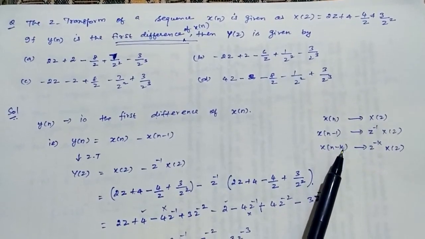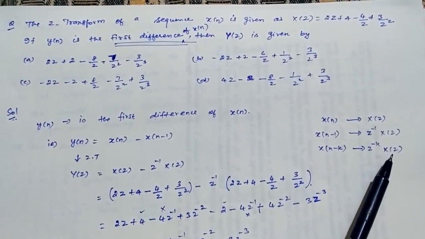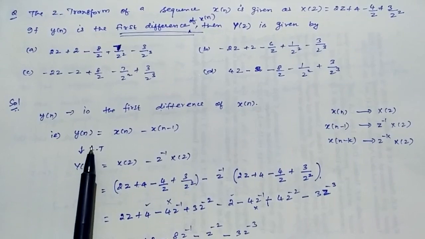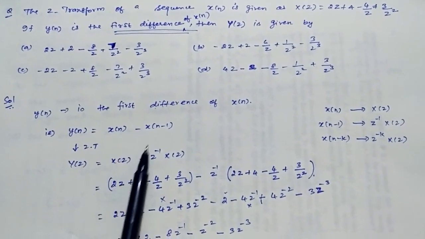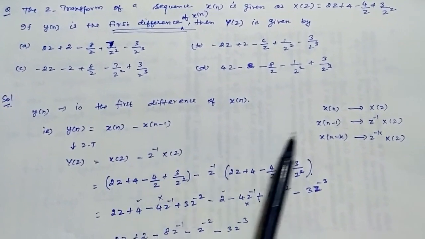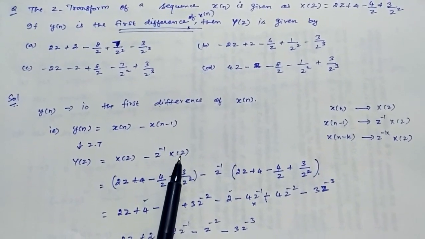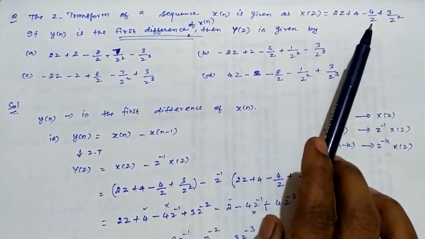Suppose it is delayed by an amount k, then z power minus k times x of z. Back to this problem, when we take the Z transform of y of n, y of z is x of z minus z power minus 1 x of z. In the given problem, x of z is given like this.